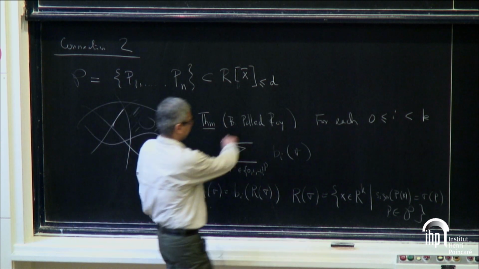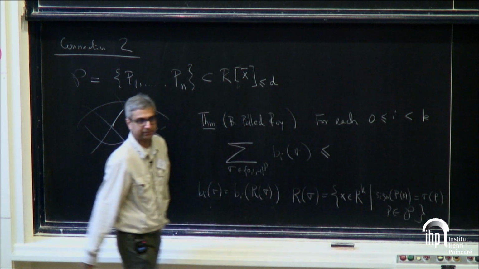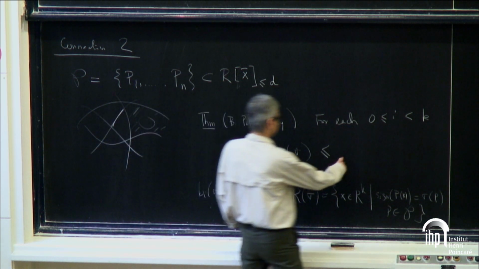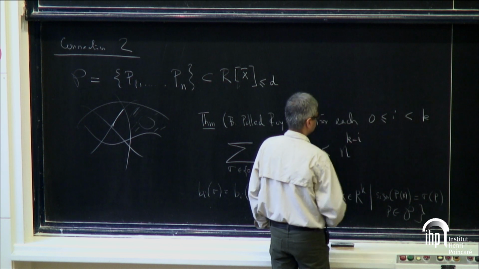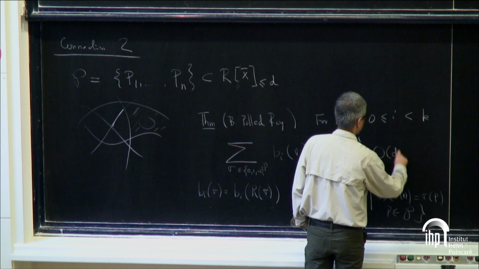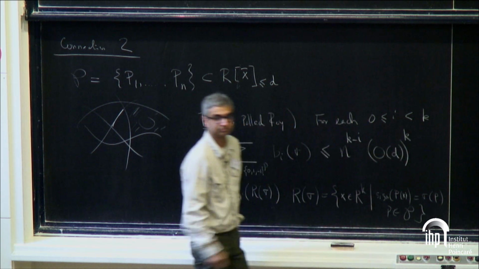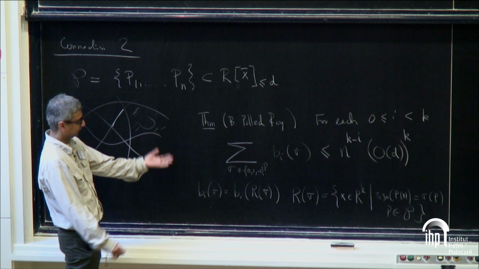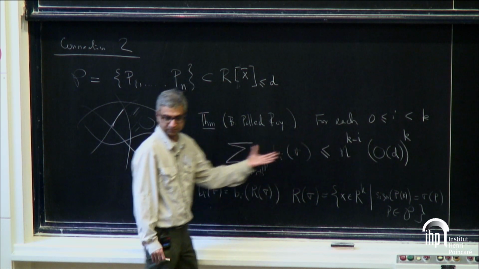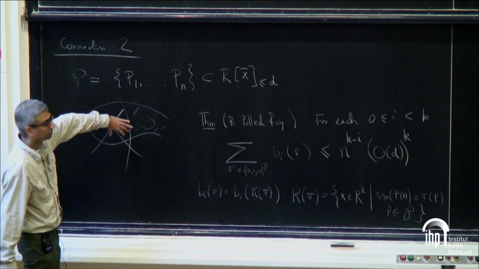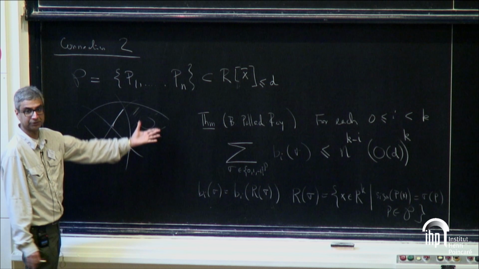And this number here is bounded, so the actual bound is a little bit more precise, but I'll write it as n raised to k minus i of some constant times d raised to k. Now for i, if you take i to be 0, this gives you the number of connected components, some people call it the cells, in the partition of R^k by these polynomials.